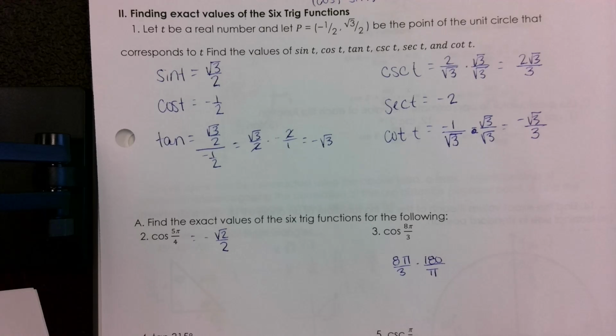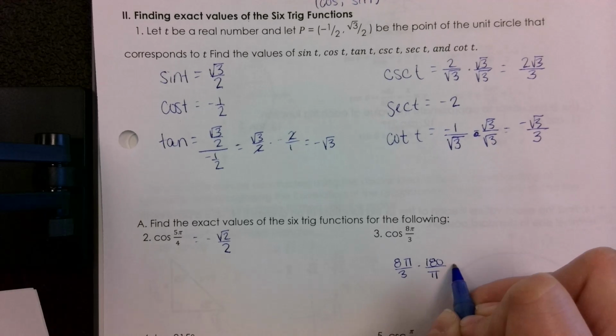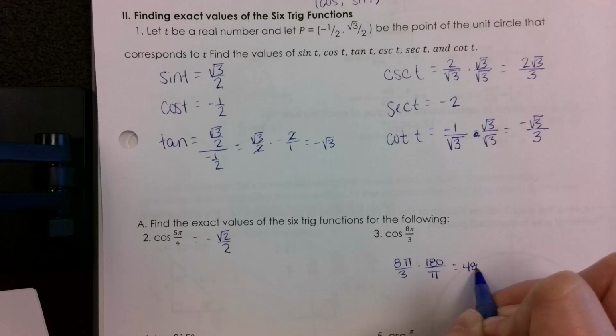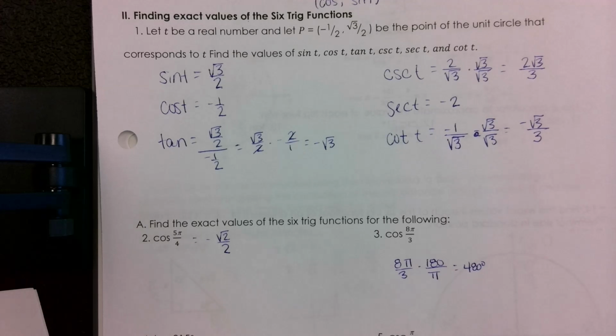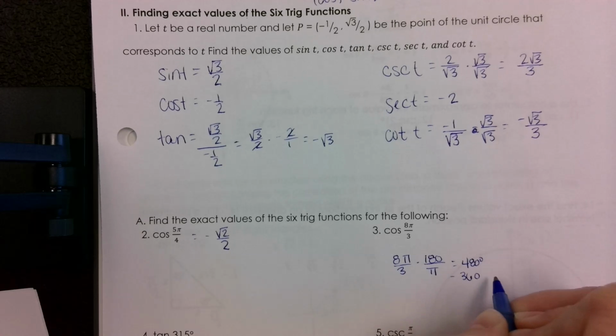Is that correct? 480 degrees. To figure out what that would be on the unit circle, you could subtract 360, so it's 480 minus 360. 120. So if we go look at 120 on our unit circle, that's what we're talking about.